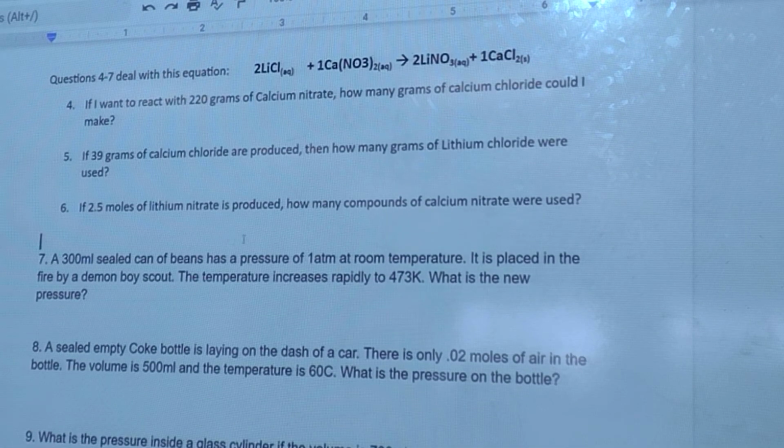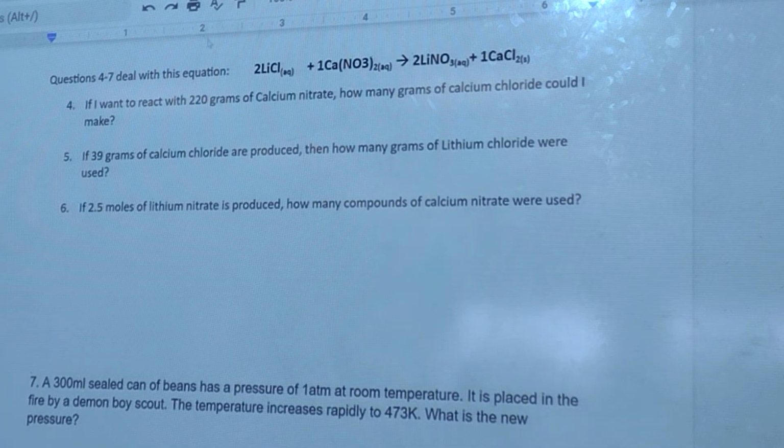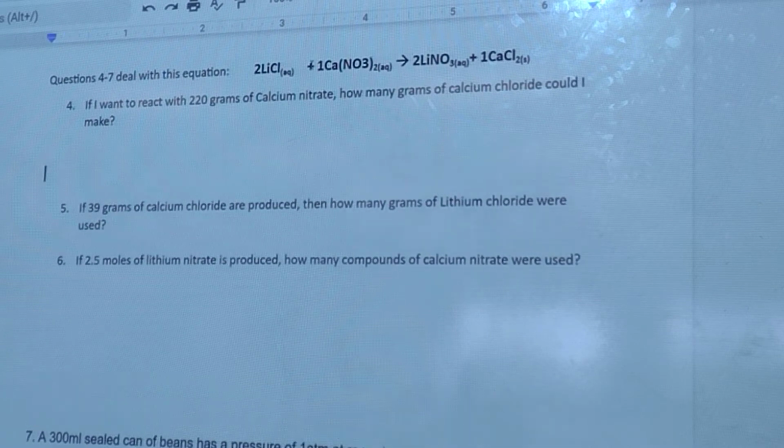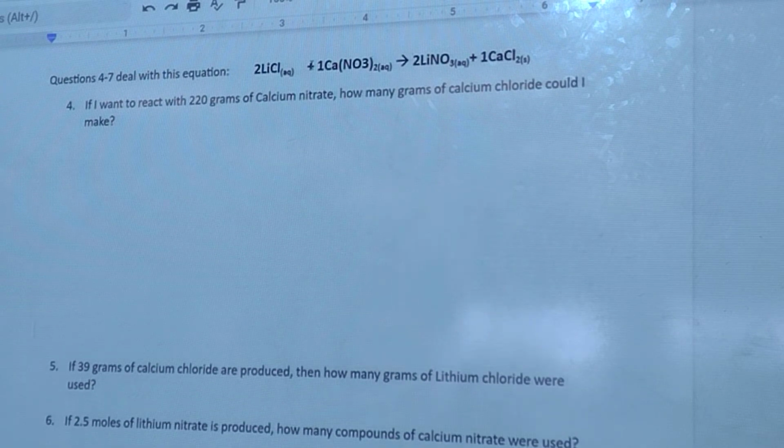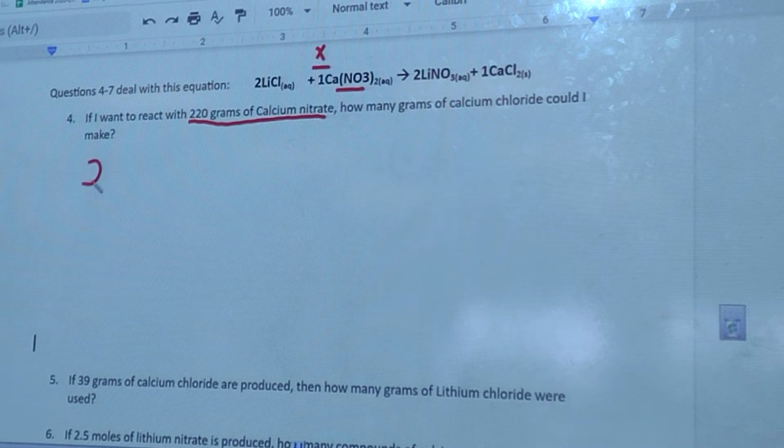Questions 4 through 7 deal with these. All right. Let's do number 4. If I want to react 220 grams of calcium nitrate, okay, we got to figure out how many moles that is. 220 over 1 times 1 over calcium nitrate.